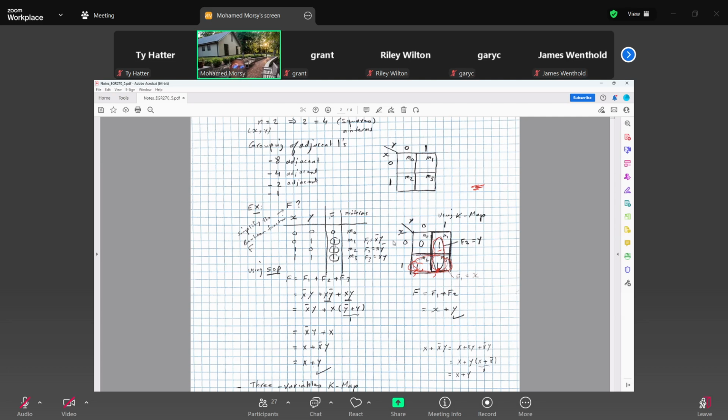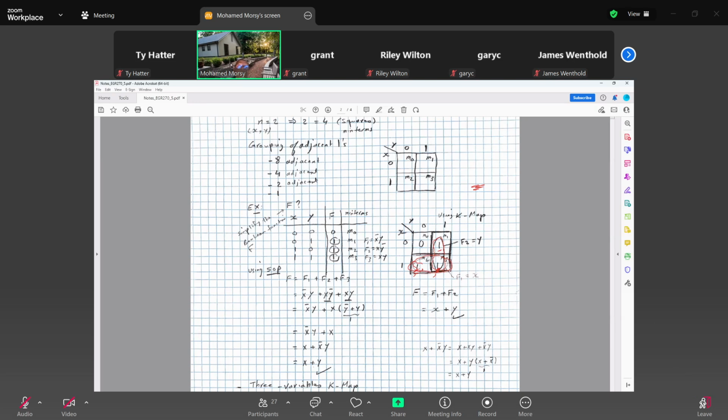If this value is 1, we take it as it is. If it is 0, we take it inverted. If within the product term the variable has 2 values and these 2 values are different, like 0, 1 or 1, 0, we skip this variable.